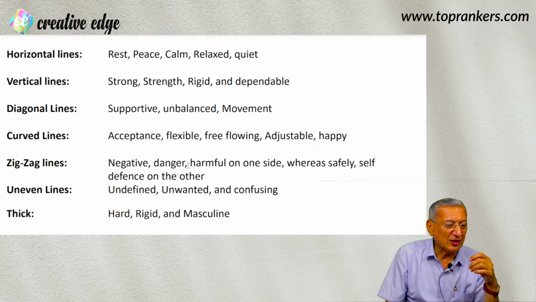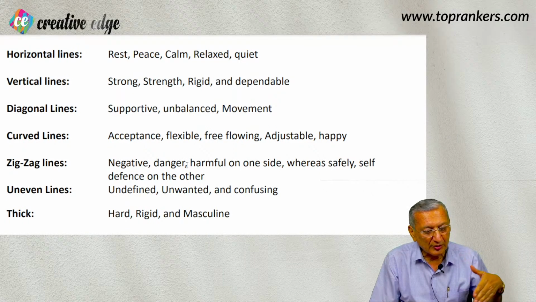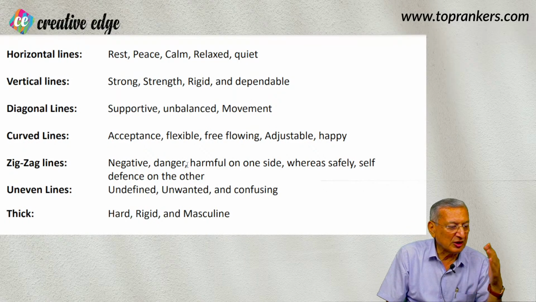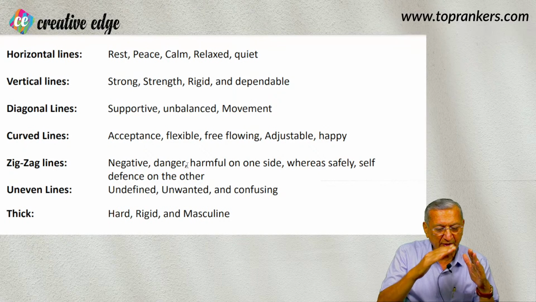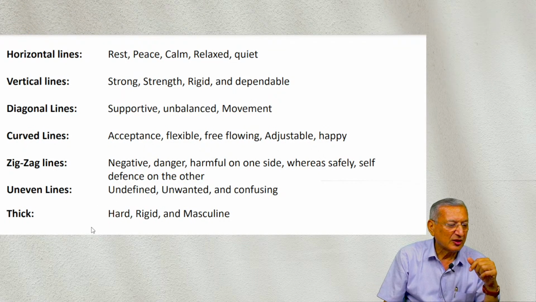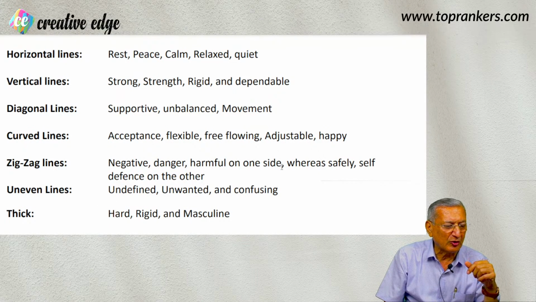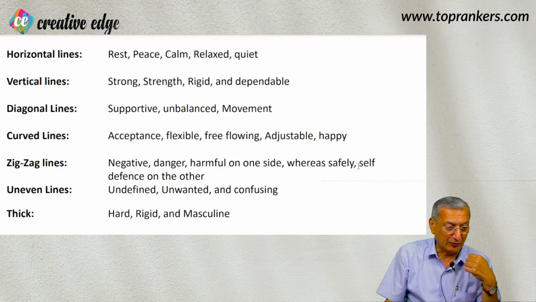You must have seen a wood saw, like how you cut the saw. It looks, the edges are zigzag. So it looked like danger, harmful on one side. Whereas the same tool can be used for self-safety or self-defense.